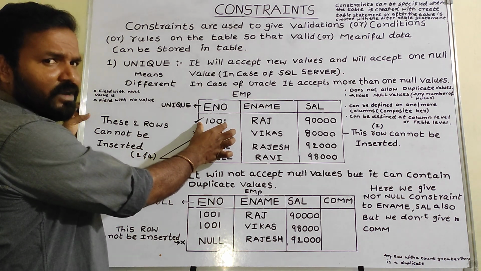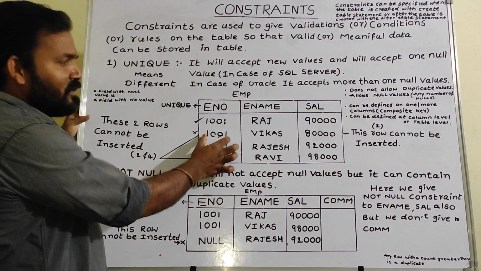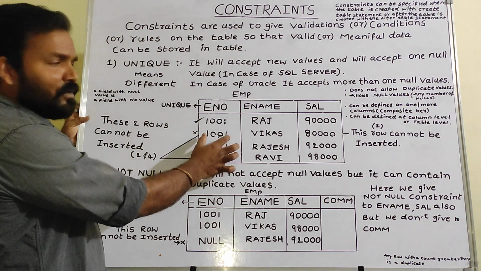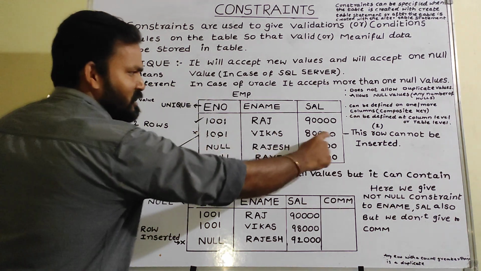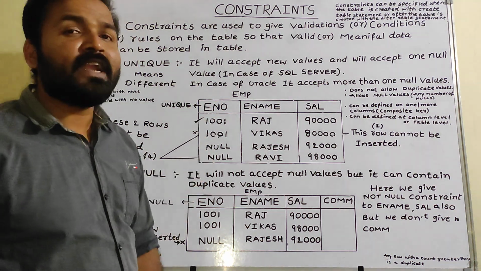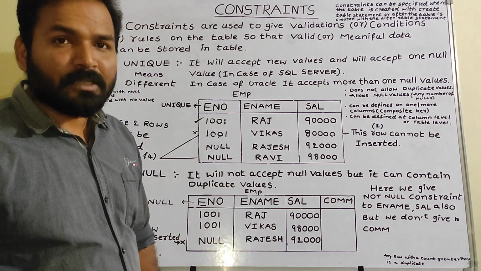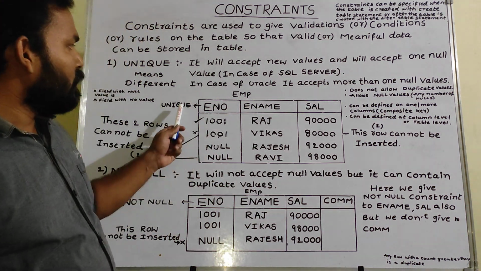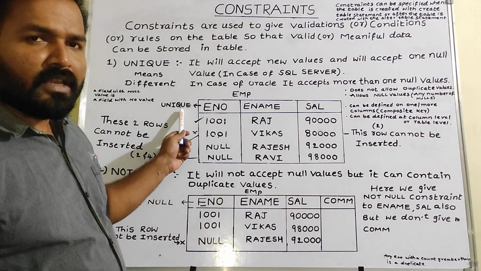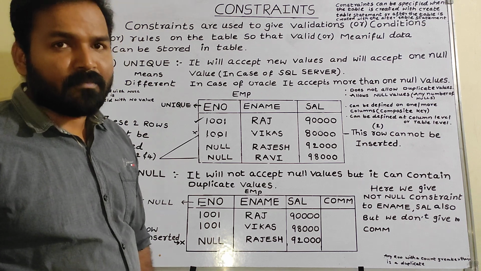There is already a 1001, so yes, duplicate. This row cannot be inserted because I gave a unique constraint to the employee number column.